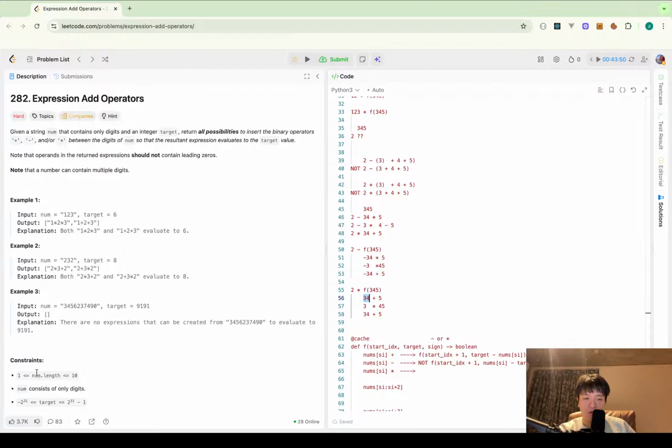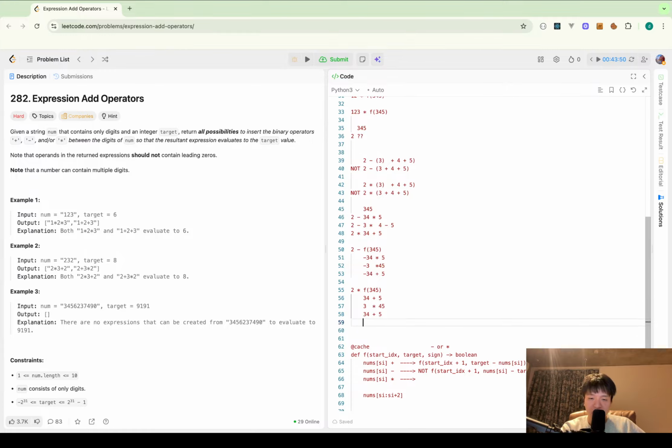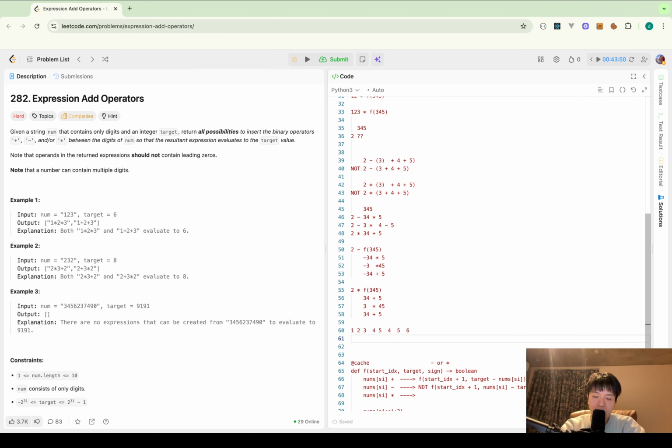So from the constraint, num length is less than or equal to 10. Actually, I can say when I have something like this, in every position, I decide how long the next one continues. I can try every possible length here because it's up to 10 digits.